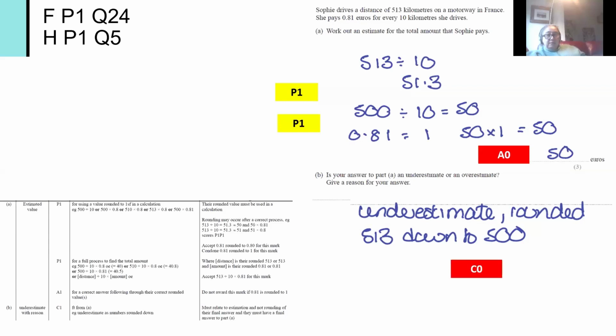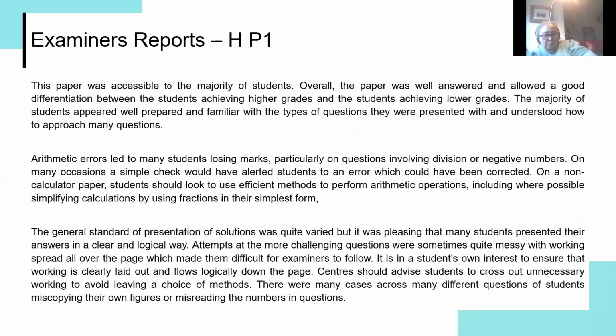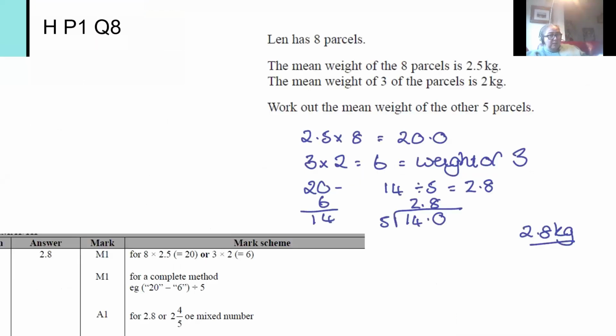And again, we would expect to see both numbers rounded. Right, that covers the foundation and crossover. I am really conscious of time. So the higher paper, I am going to go through a few of these. Like I said before, look at the notes below the presentation.